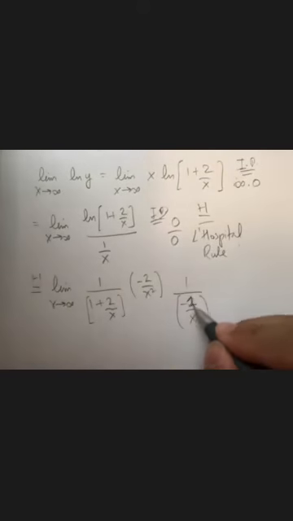Derivative of 1 over x is negative 1 over x squared. Derivative of ln of 1 plus 2 over x is 1 over the function, and the chain rule.